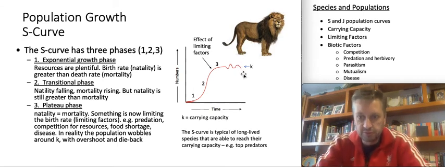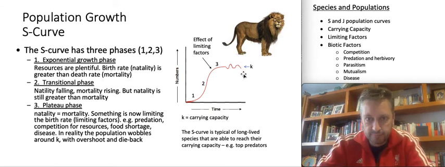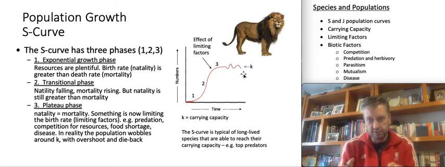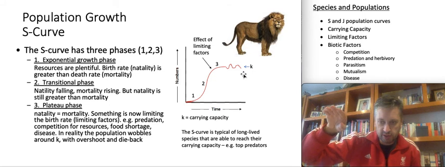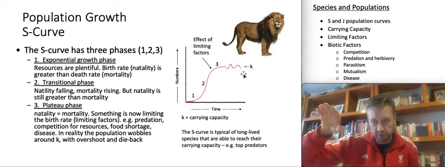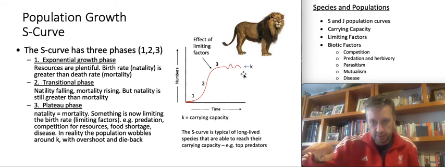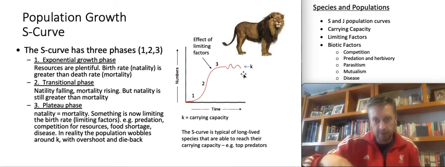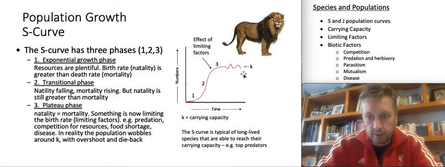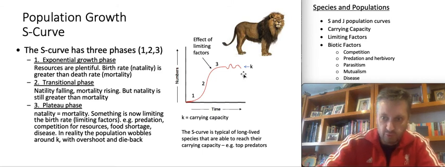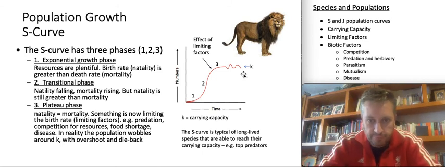Carrying capacity is referred to with the letter K. So, like I said, negative feedback. If the population rises too high, it can't be supported by the resources available, so it comes back down. And if it goes too low, it's brought back up by other forms of negative feedback.